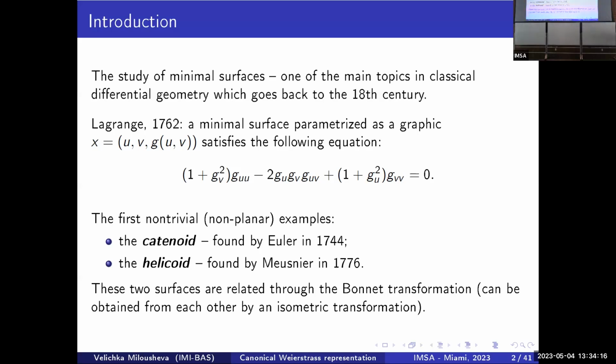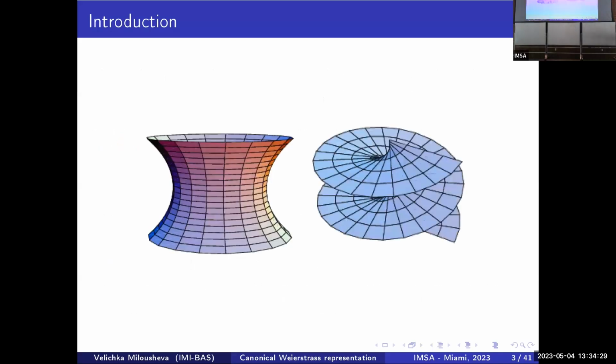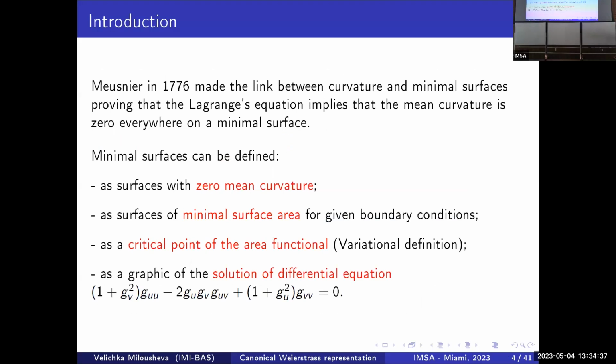What is interesting for these surfaces is that they're related through the Bonnet transformation, which means that they can be obtained from each other by an isometric transformation. Here I just put the picture of the two surfaces I'm speaking about, the catenoid and the helicoid.